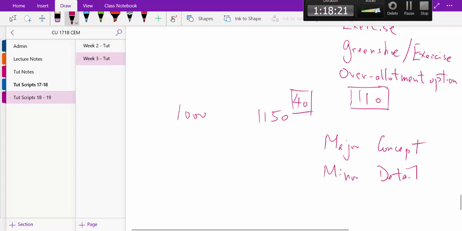And exercising green shoe is a major concept. And things like where you borrow the shares from on day one. So some of you were asking, especially in the last tutorial, where do those shares come from? That to me is a minor detail. The shares come from somewhere.